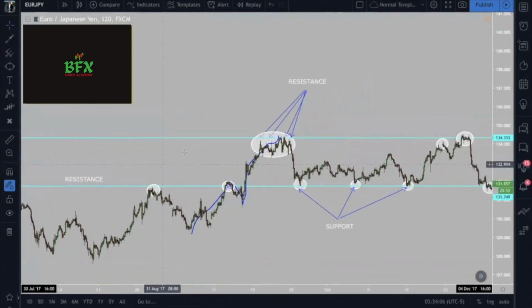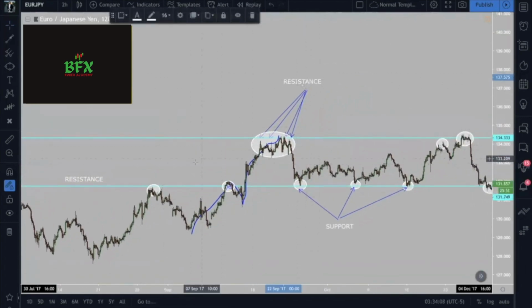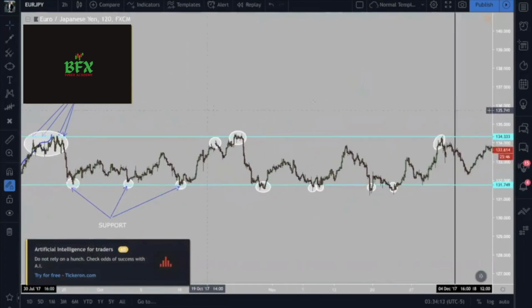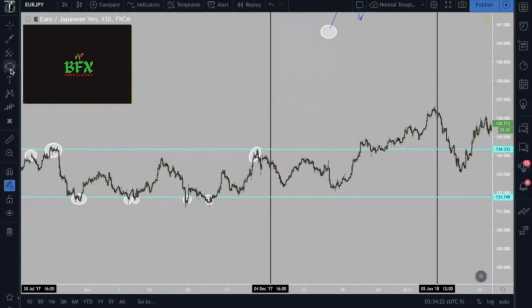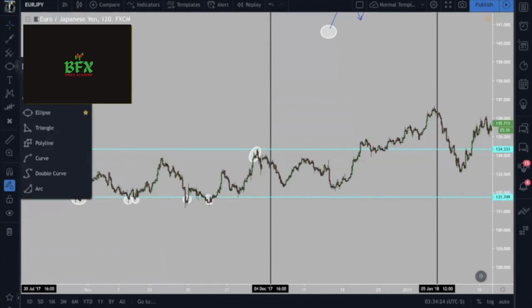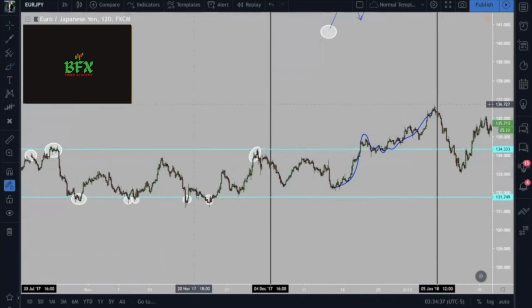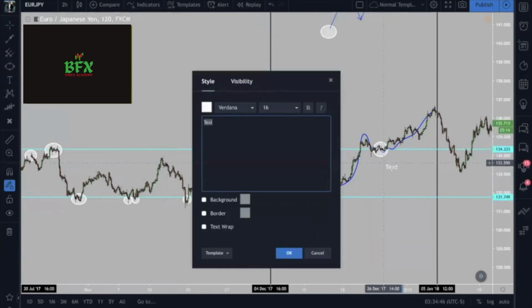Over here, we have a resistance in the market. Let's see what happens when this level is breached. Here we go. So price breached through our resistance, came back and found support, and then went on to a new resistance.